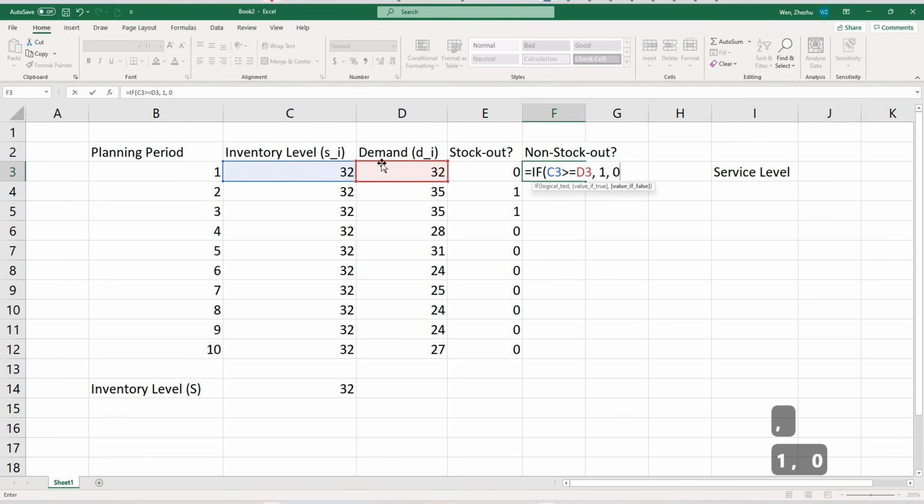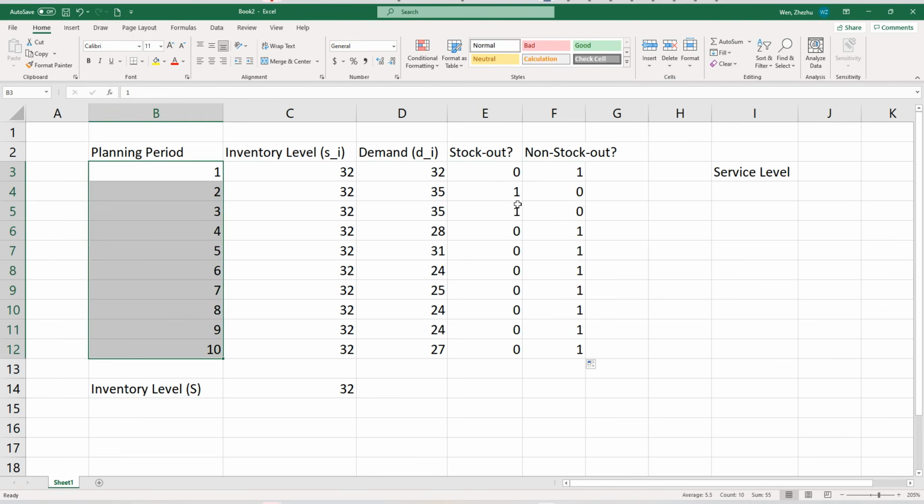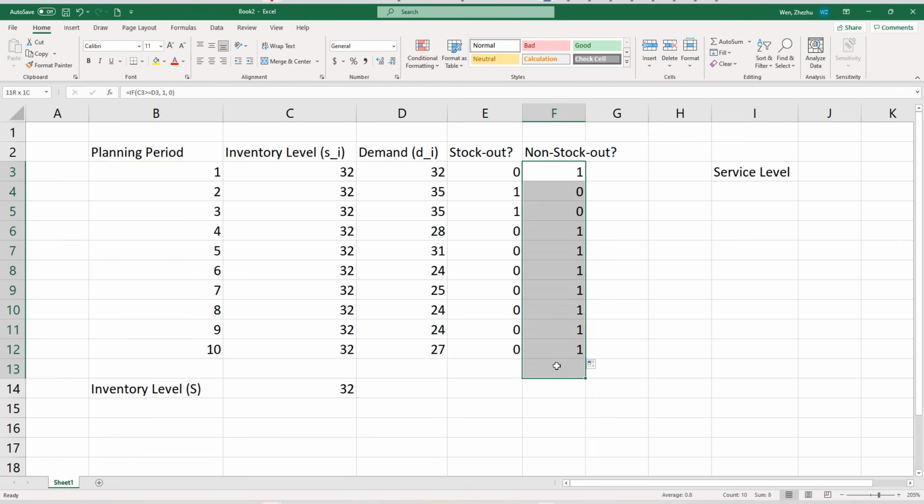Your demand is no greater than your inventory, or your inventory is bigger than or equal to the demand. So when this is a stock out, this is not a non-stock out. Out of 10 times, now we are interested in seeing how many times there was a non-stock out.